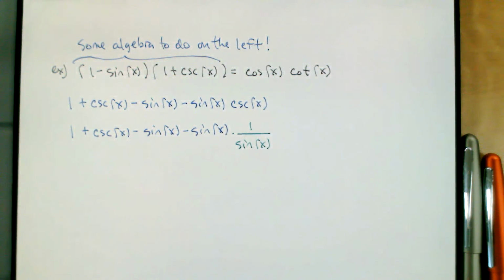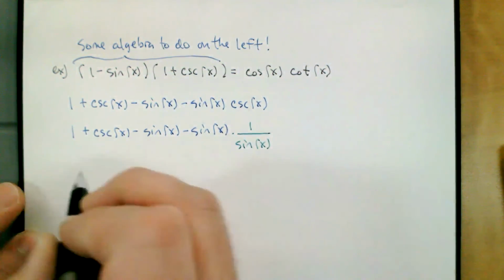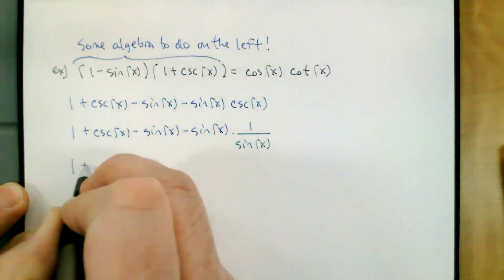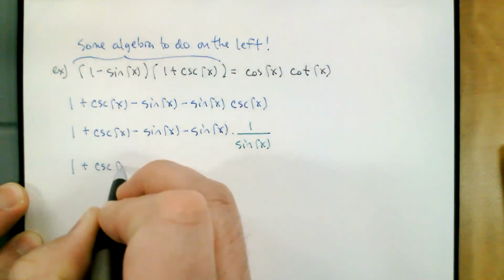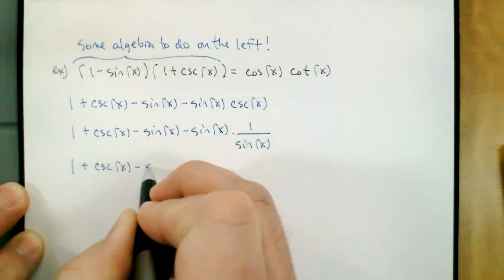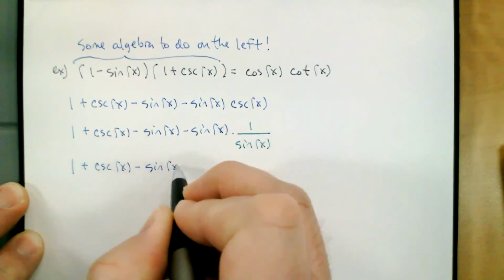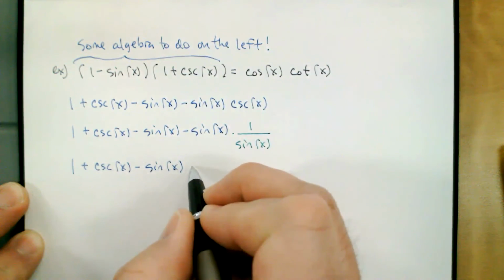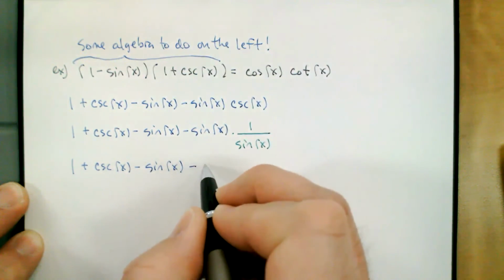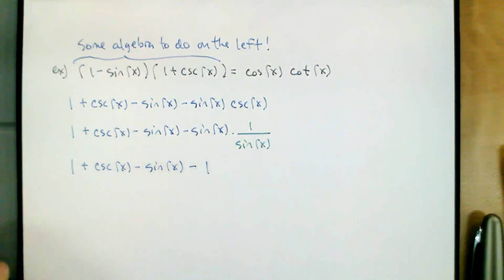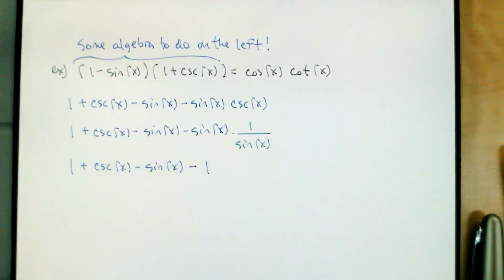Now I can multiply sine x times 1 over sine x. All that's equal to 1. So now I'm looking at 1 plus cosecant minus sine minus 1. So the signs cancel out.